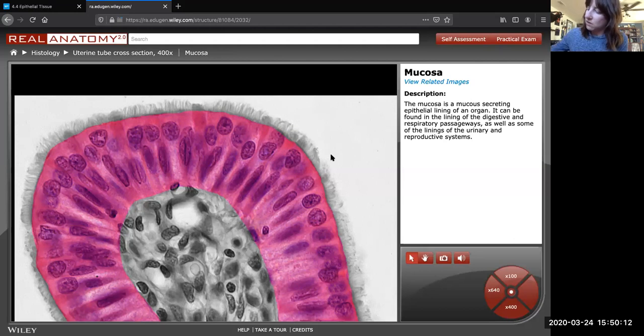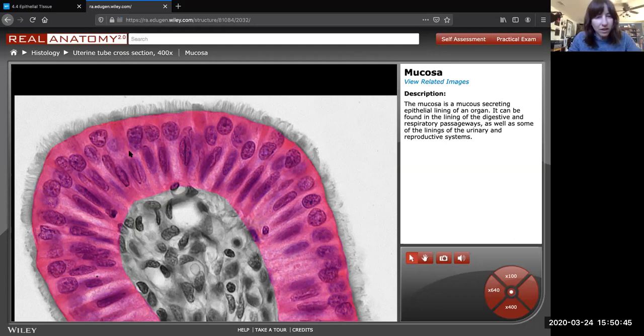We'll take a little break after epithelial before we go into connective, and I'll find a link for her and see if we can get her back on. I wonder how many other people are having this problem, though. I know that Zoom has been okay, but it's been struggling. Thank you.